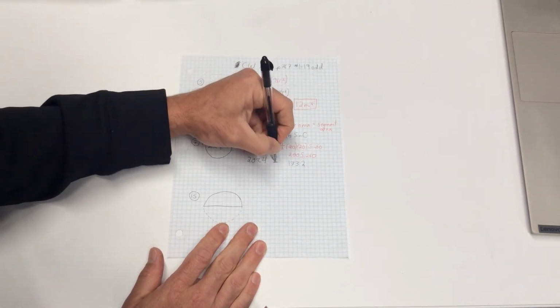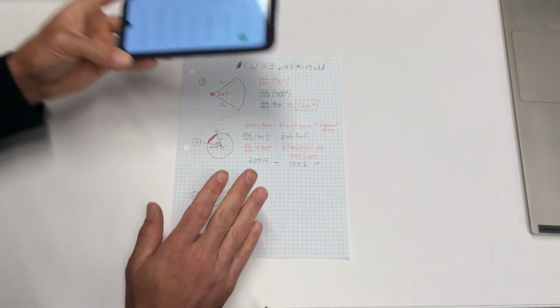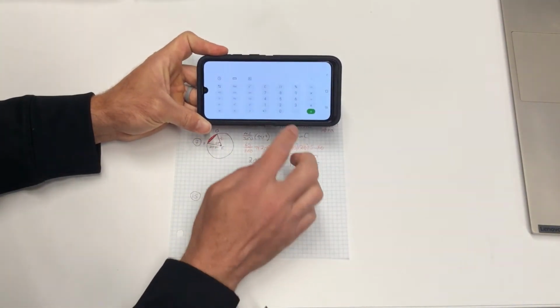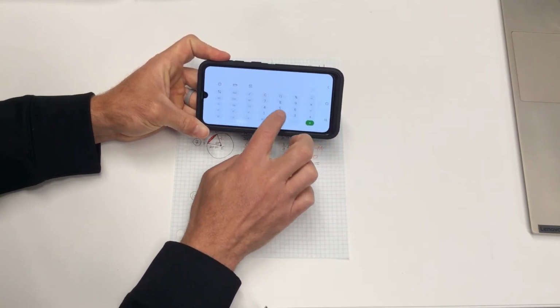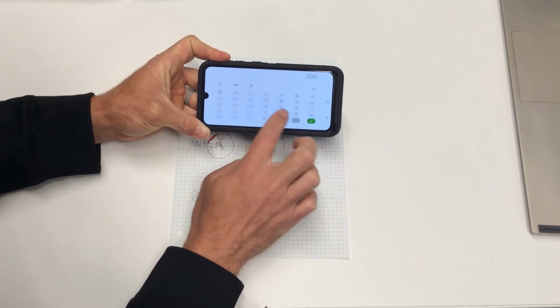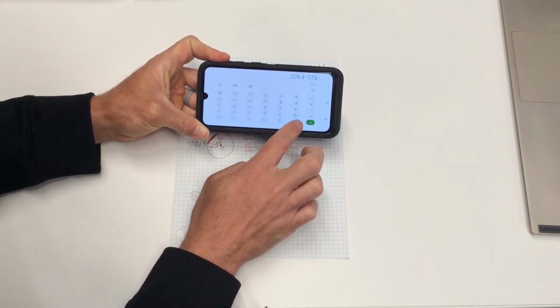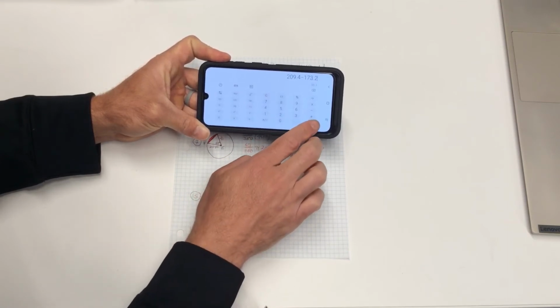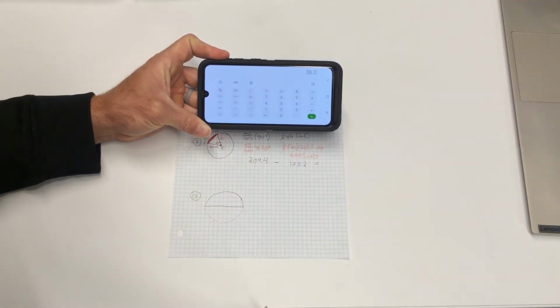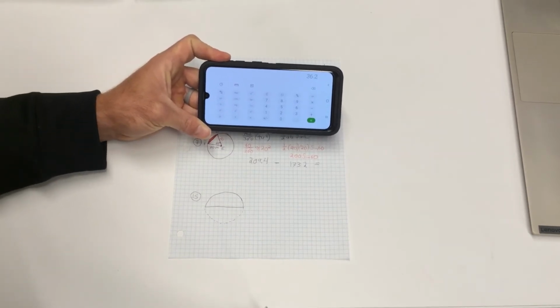Now I just need to subtract these two numbers, and I will get my segment area. 209.4 minus 173.2, and we get 36.2.